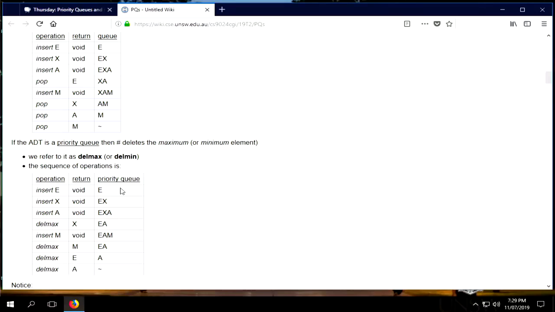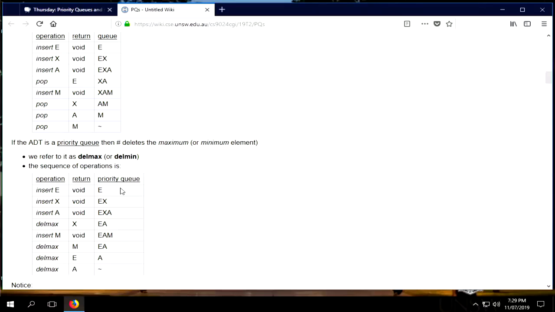So when you've got the three characters E, A, M, the first one that comes out with a del max is M. I don't care where it is, it's the biggest, it's coming out. The next biggest is E, and then the final element in the priority queue is A. So that's the order I get them out. There's no difference in one sense, you're still pushing and popping to this priority queue, you're giving it slightly different names, and you get a different result.